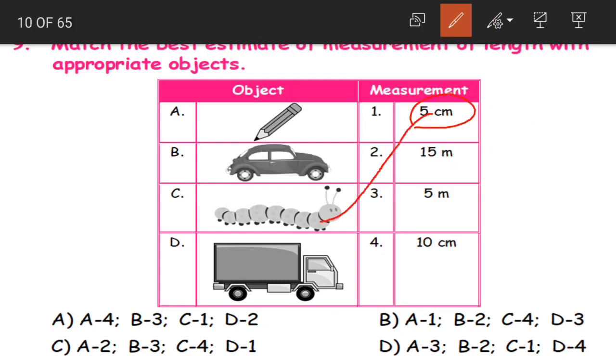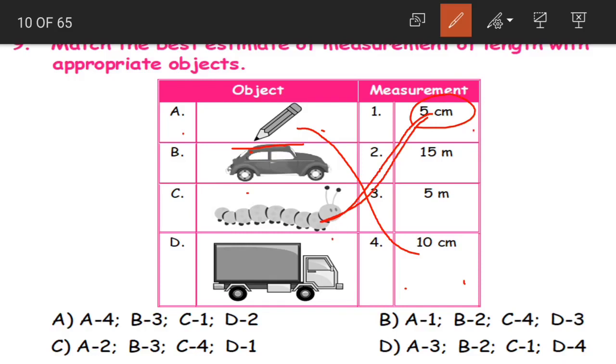So we'll match that to the smallest object, that is our caterpillar. And the next smaller object is pencil. Now the length of the pencil would be approximately 10 centimeters. Yes, you can take the scale and measure and see. It would be approximately 10 centimeters. So for option A we have 4 here, and for option C we have 1.